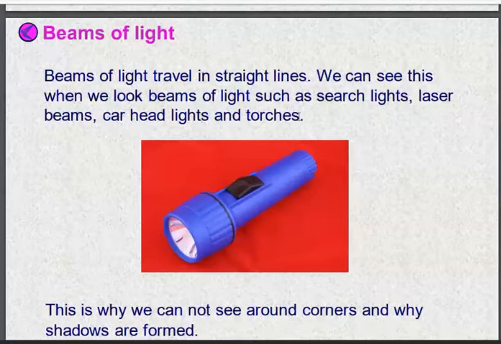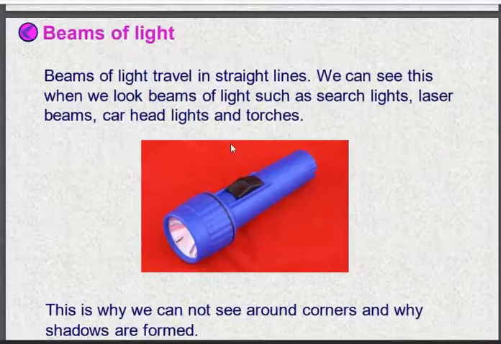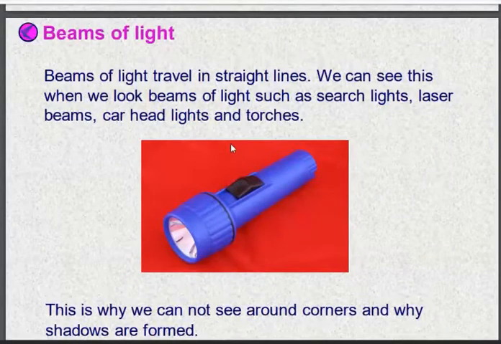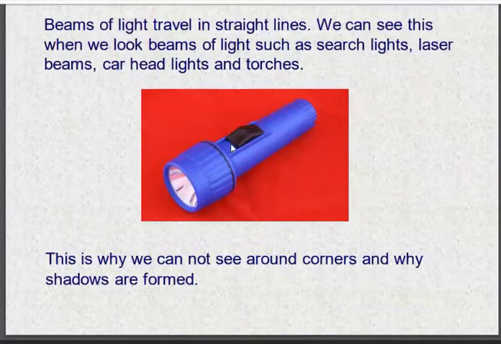We can see this when we look at a beam of light, such as a searchlight, a torch when you switch it on, a laser beam, or a car headlight. All these sources of light produce a beam of light which travels in a straight line and is called a ray of light or beam of light. The only difference is that a bundle of rays of light is called a beam of light.